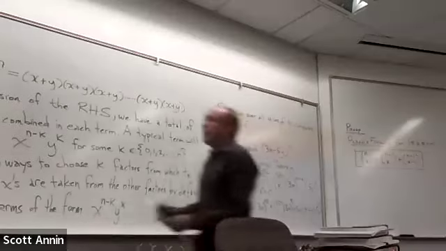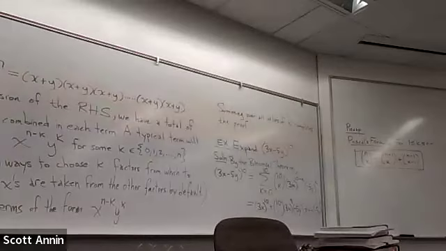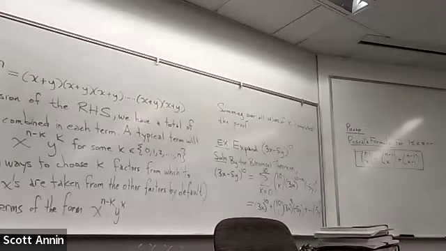Yes, certainly these two exponents are totally interchangeable. No, it doesn't really make a difference. On any given problem, if you have two terms there, you're just going to pick which one you want to put with the exponent of n minus k and which one you want to put with the exponent of k. It doesn't make a difference.